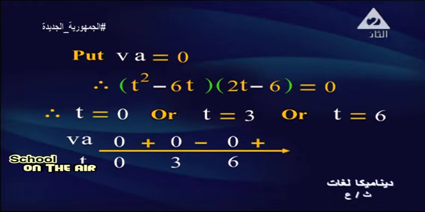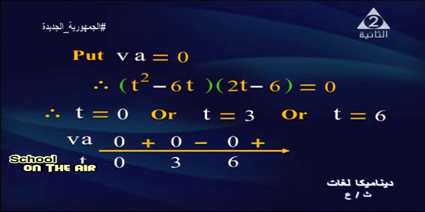On the number line, when t equals 0, then va equals 0. When t equals 3, then va equals 0. When t equals 6, va equals 0. But in the open interval 0 and 3, the algebraic measure of va is positive.